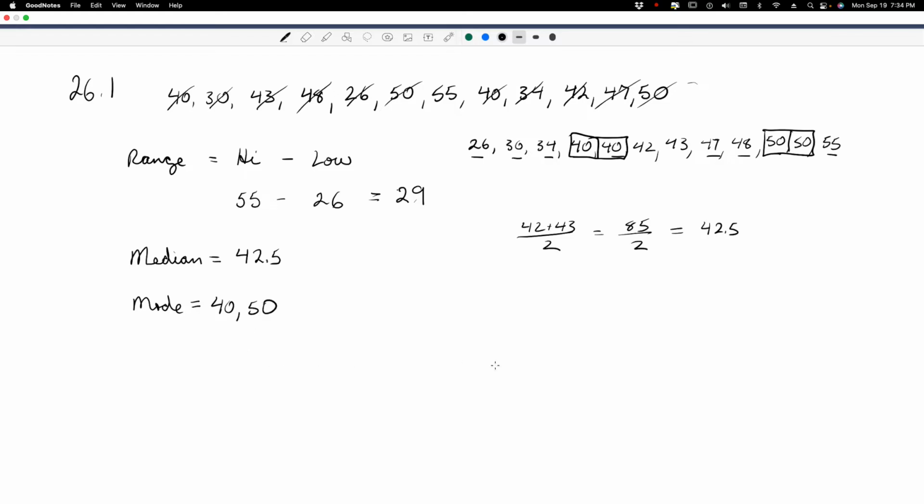So I'm going to add all these numbers together to find the mean, and the mean is just the average. So 26 plus 30 plus 34 plus 40 plus 40, and you can put this in your calculator. I don't expect you to do it in your head. Plus 47 plus 48.